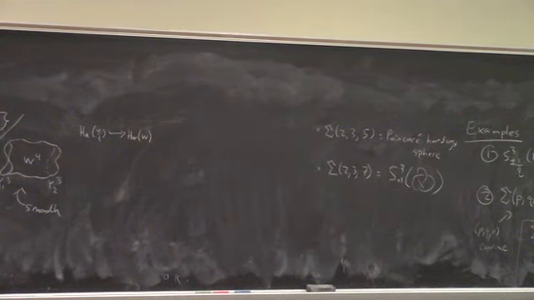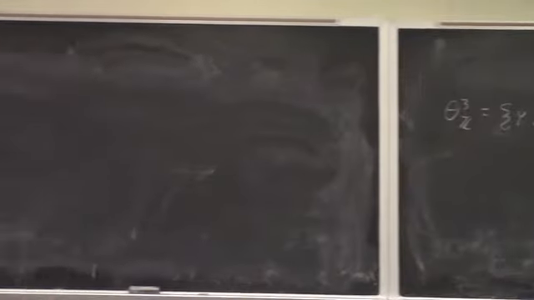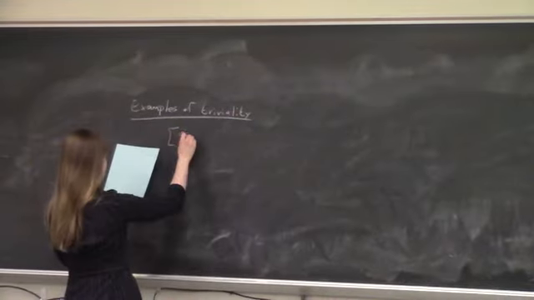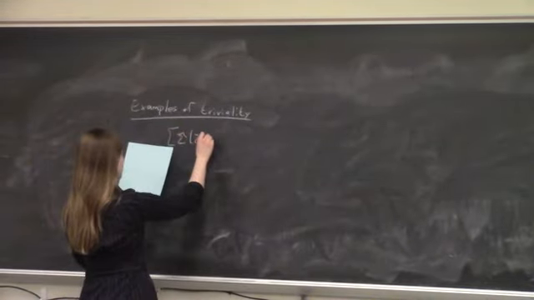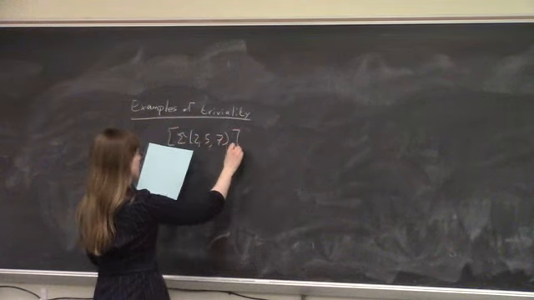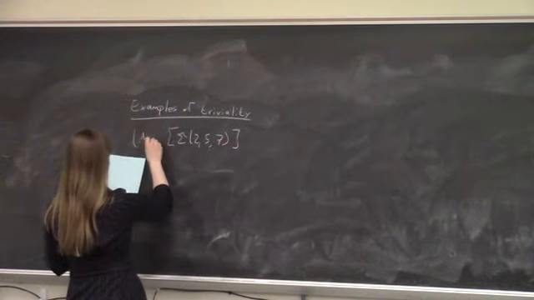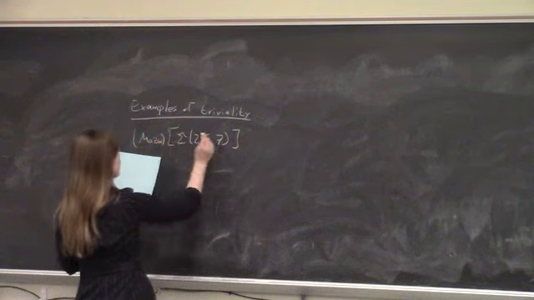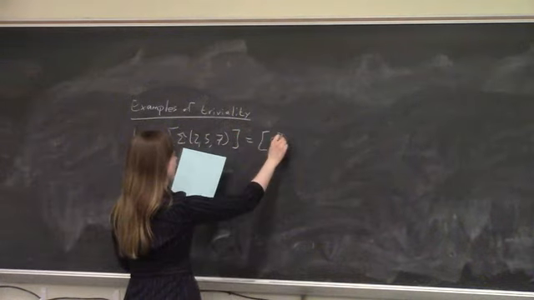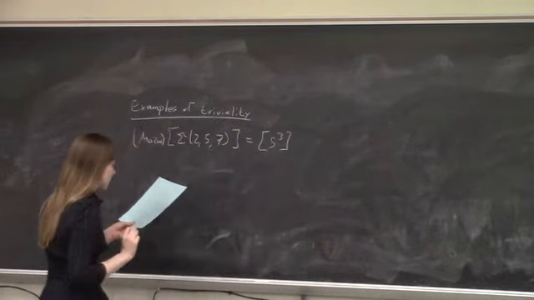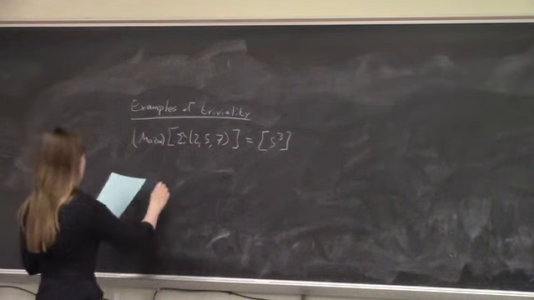Okay, and then I was going to tell you some things that are trivial in the group I care about. So Sigma(2,5,7) is a famous example of something that's in the same equivalence class as S3, that's homology cobordant to S3.